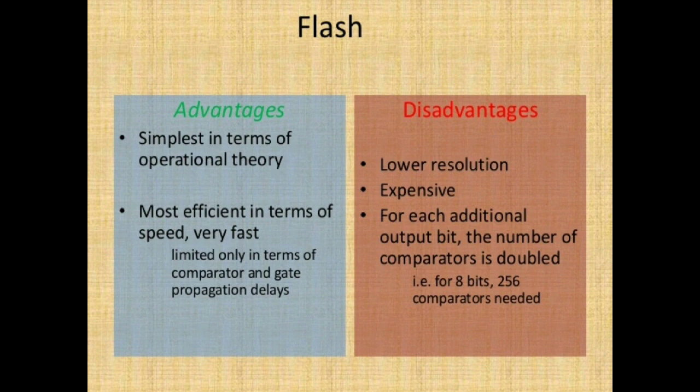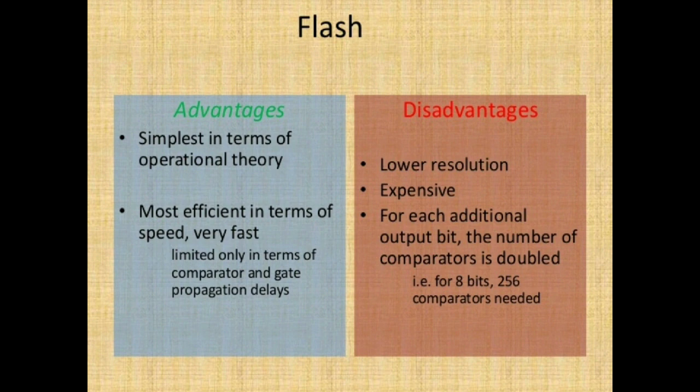Coming to the disadvantages: low resolution. Compared to other types of A to D converter, the resolution of flash ADC is a little low, and as we are using n number of comparators here, it is expensive. For each additional output bit, the number of comparators is doubled. If you add one more bit, for a 4-bit converter, the comparators you are using will be doubled.